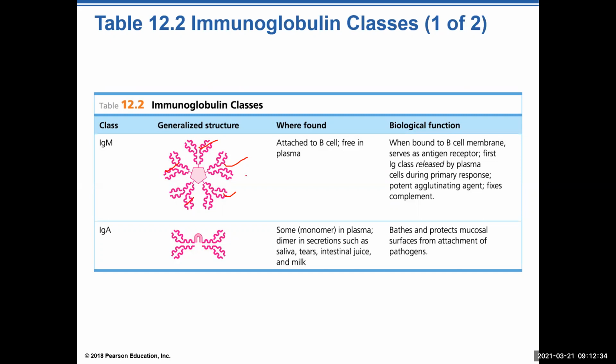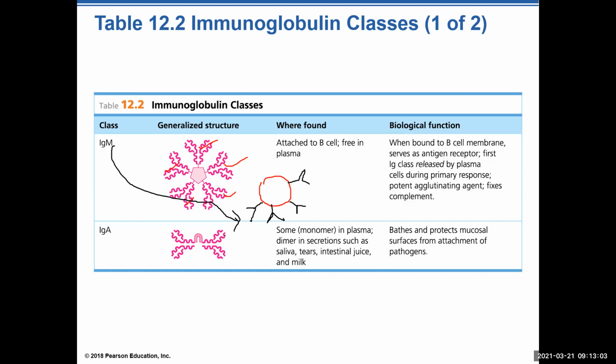That means on every B cell you will have a receptor which can bind to a specific antigen. This receptor is also an antibody, and this antibody belongs to the IgM class. That's a very important thing.